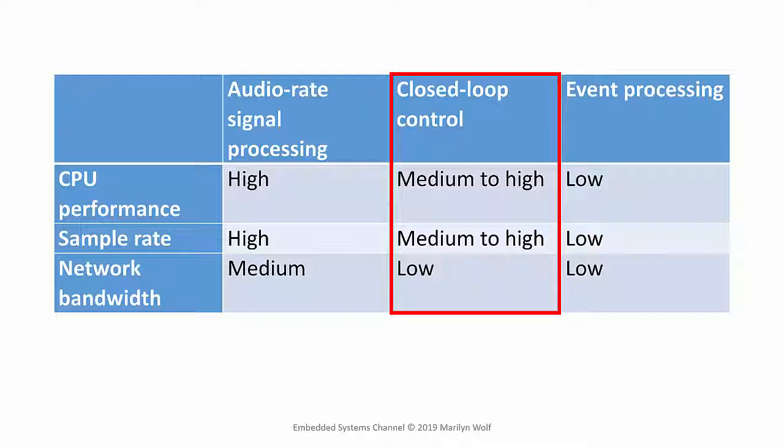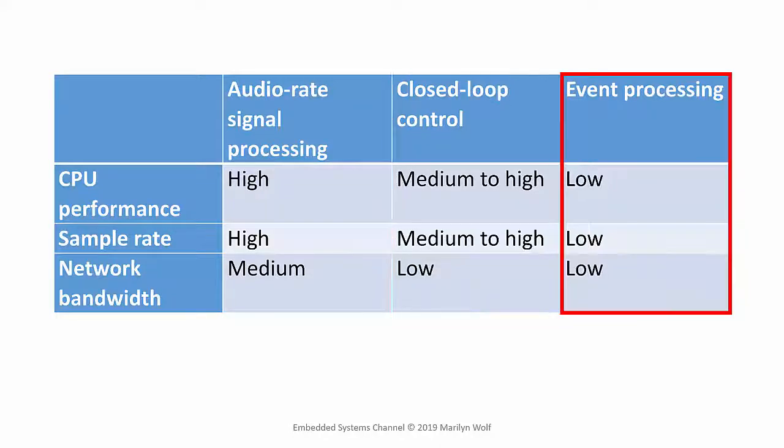Network bandwidth is often lower. Event processing is designed for infrequent operations, so CPU performance required is often low, low sample rate, and low network bandwidth.